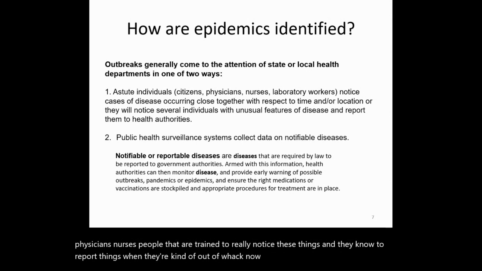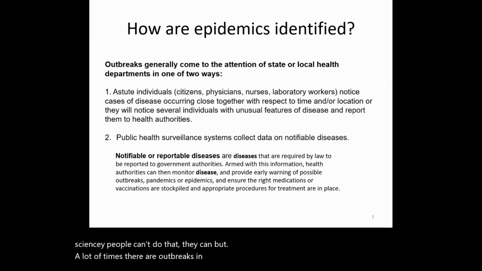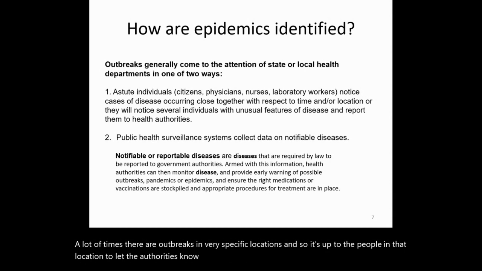Now, that doesn't mean non-healthcare sciencey people can't do that. They can, but a lot of times there are outbreaks in very specific locations. And so it's up to the people in that location to let the authorities know, hey, something crazy is going on over here. So that way they can come and research it. So citizens are very important in this.